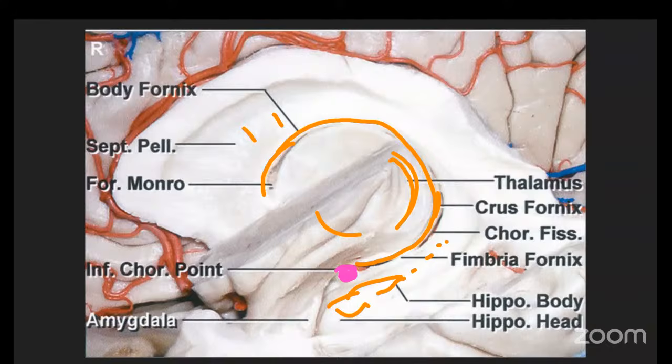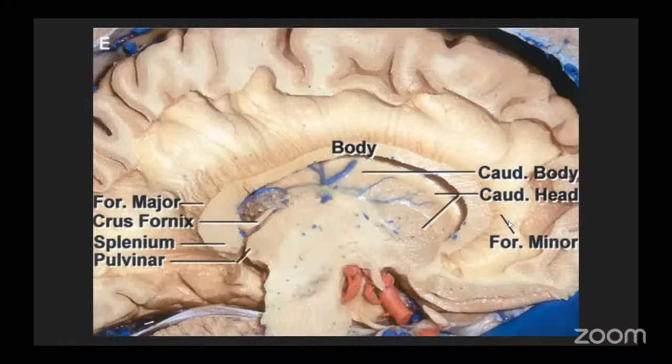So on the medial surface, if you go deep down, you're going to find these deeper structures. From the lateral surface, we are going to find obviously the gyri and the sulci. Let me see if I have an image of the basal ganglia. Okay.